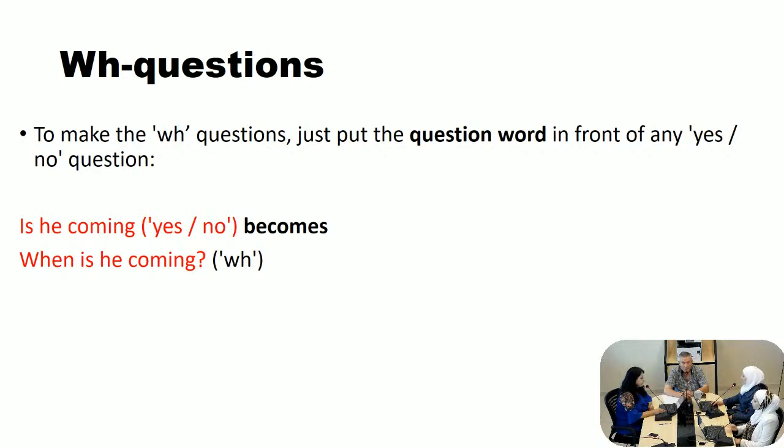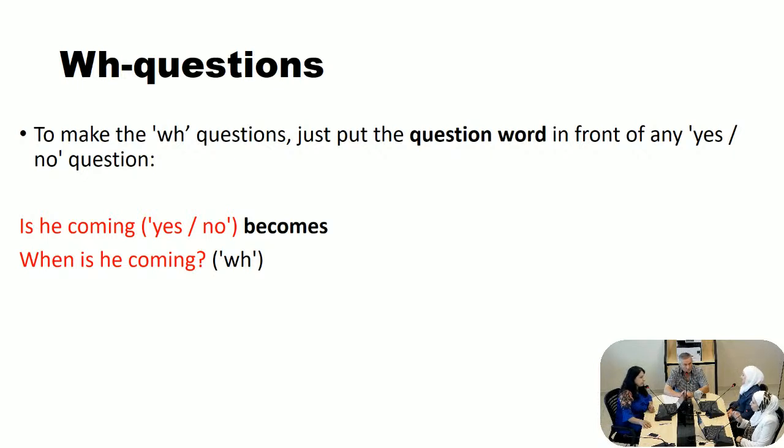To make the WH question, just put the question word in front of any yes-no question. So if you know how to use the yes-no question, it is very easy to use the WH question. To summarize, there are 4 main items for the WH question: the WH word, the auxiliary, the subject, and the main verb.